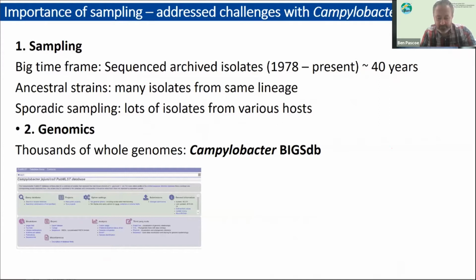So we sequenced these, and that gave us an extended sample time frame. We also looked into whole genome data sets, so we used the Campylobacter BIGS-DB and obtained lots of genomes from lots of different hosts, sources, and clonal complexes.